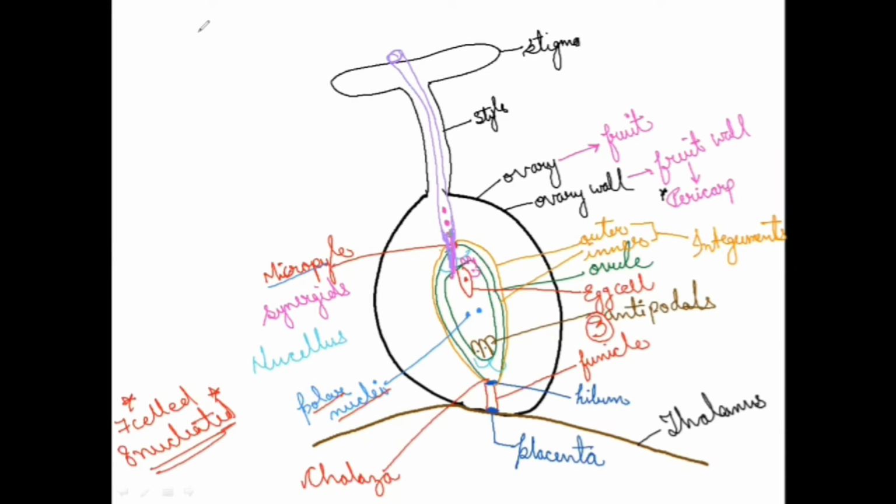The other synergid will also be removed. Synergids will degenerate when the pollen tube has released its male gametes into the embryo sac. So these are the two male gametes, the green colored structures. I'm going to draw some filamentous structure like this to show that these are the male gametes.